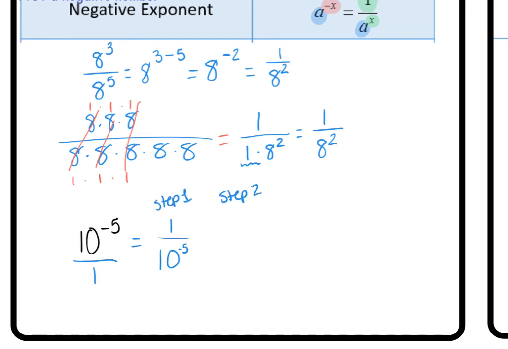Step 2 is to change the exponent to positive. And then step 3 is simplify if you can. In this case, it becomes a little bit difficult to simplify, so we're just going to leave it like that. I could do 10 to the 5th power, but it's going to be a pretty long number.